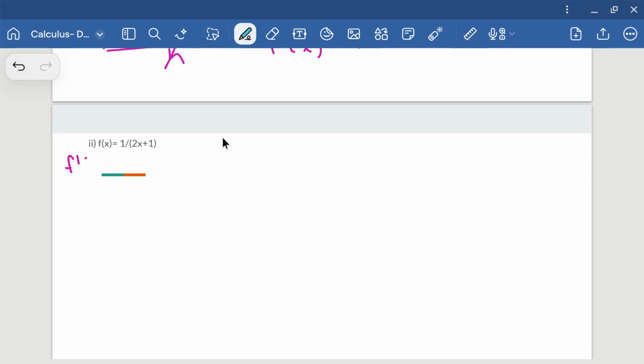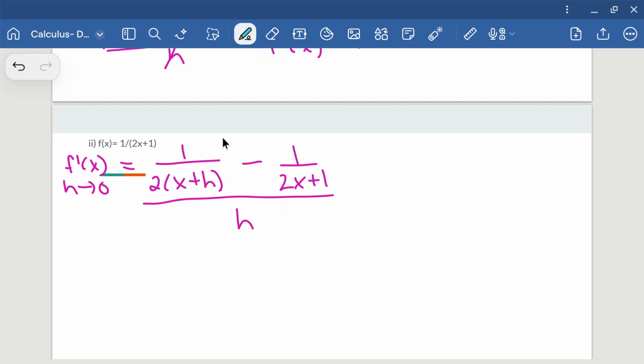If you wanted f prime of x as h tends towards 0, we would have 1 over 2 times x plus h, and then we subtract 1 over 2x plus 1, and then this is all over h.